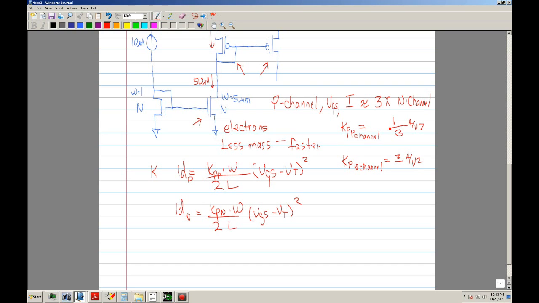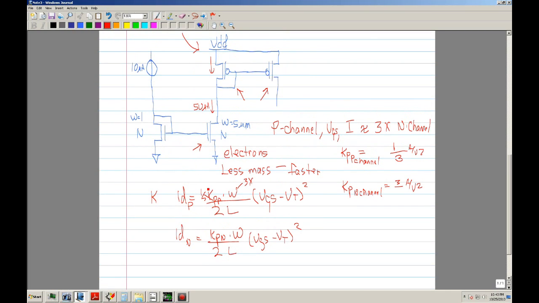So if Kp is a third right there, then for the same current, W has to be 3 times as big. So that's why this Kp comes from the holes being much bigger and you have a Kp that's much smaller. Since your Kp is smaller, you have to make the width 3 times bigger.